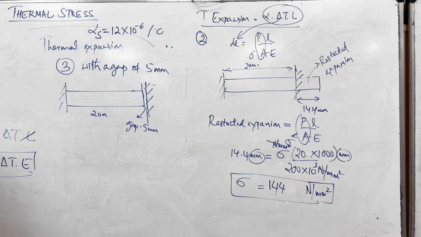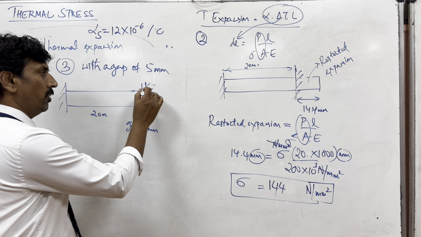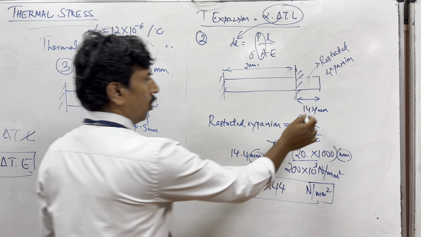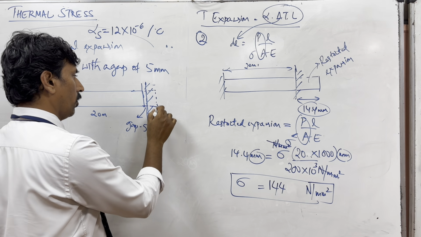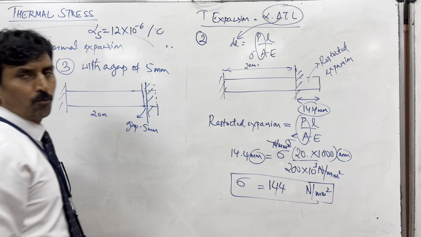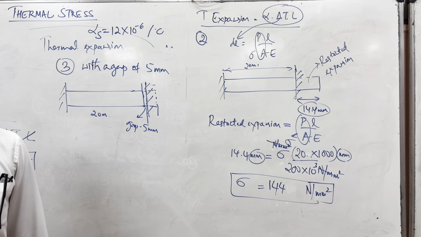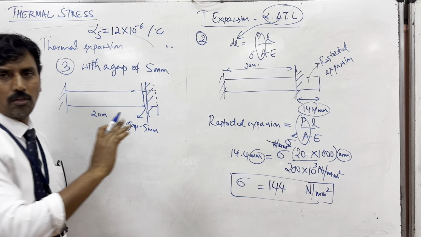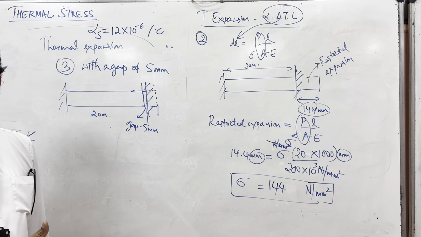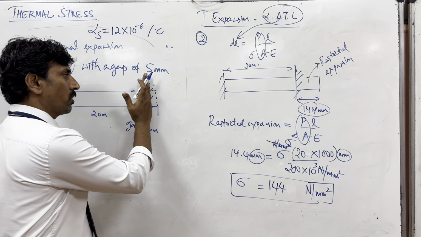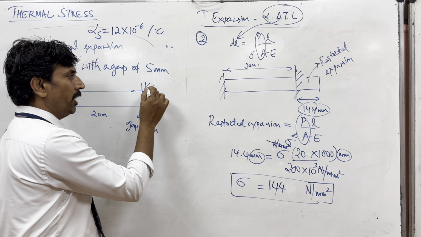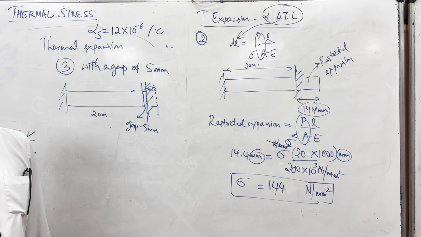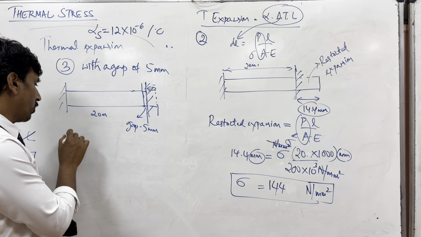Guys, so that means this rod is going to expand by how much? 14.4 mm. It is going to expand by 14.4 mm. Out of that 14.4 mm, initially this 5 mm is free expansion. The remaining is the restricted expansion. Can you tell me what is the restricted expansion now?